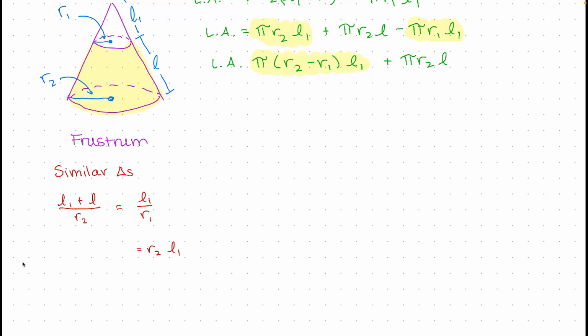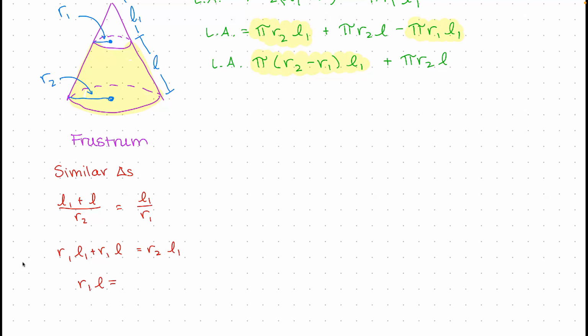And for sake of space, I'm going to distribute that R1 across everything. So I'm just going to do that right here. There's a glare and I can't quite see. R1 L1 plus R1 L. And what I'm going to do now is put the things with the L1s on the same side of the equals. So I have R1 L on the left-hand side.